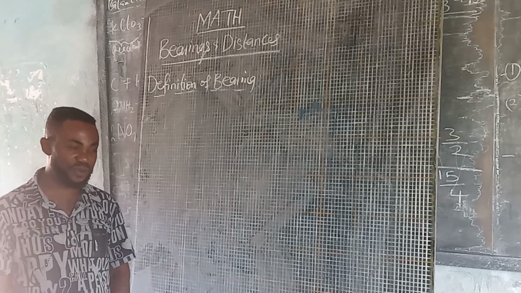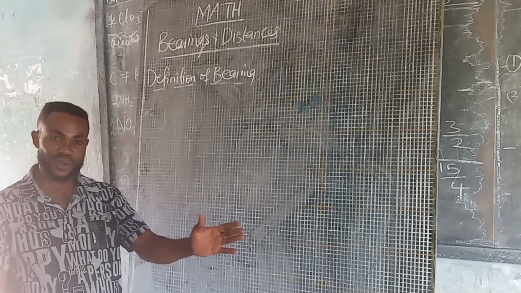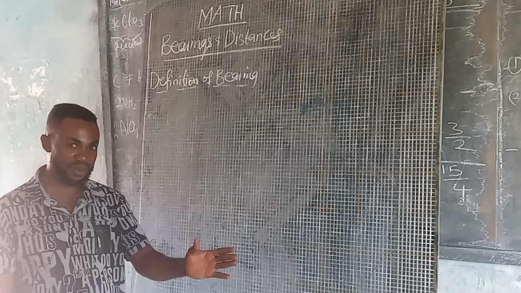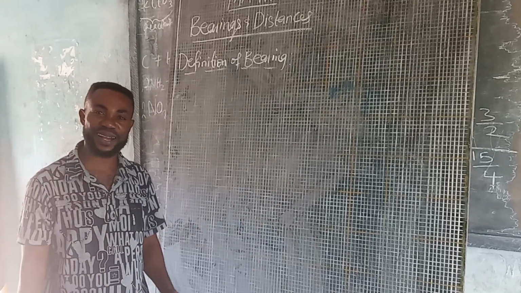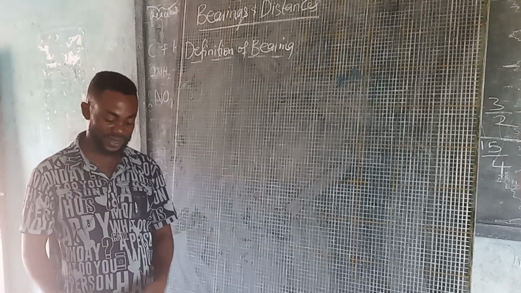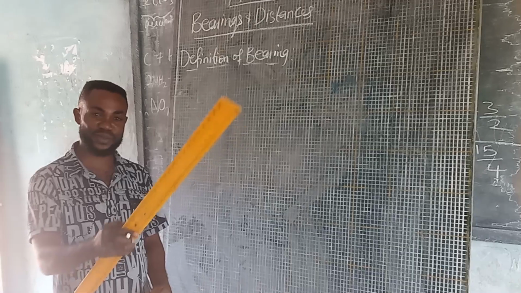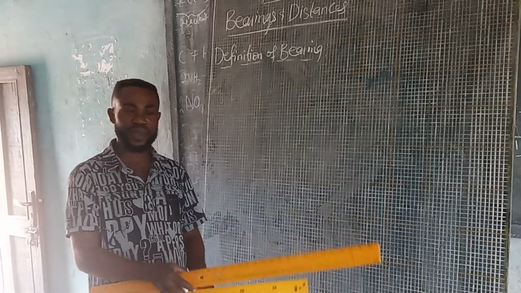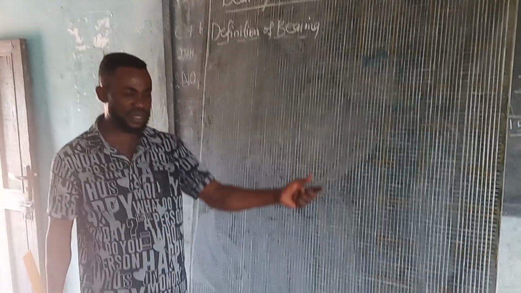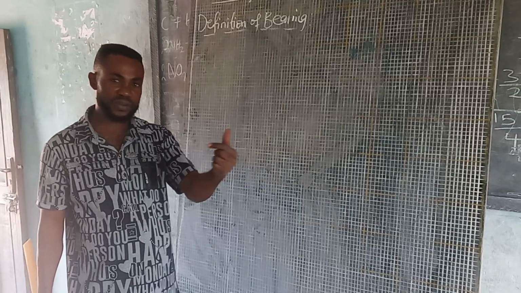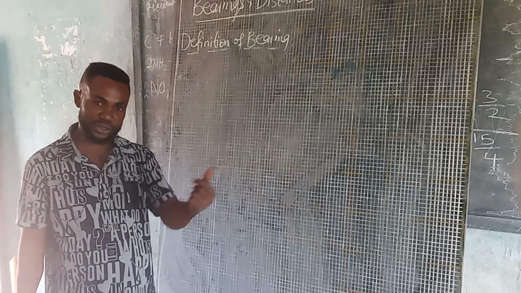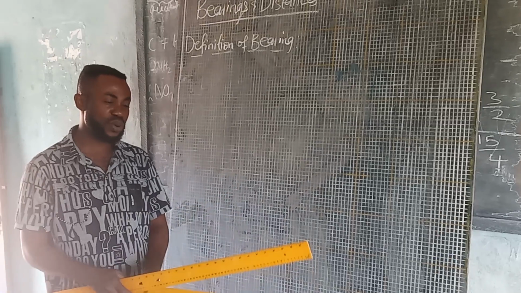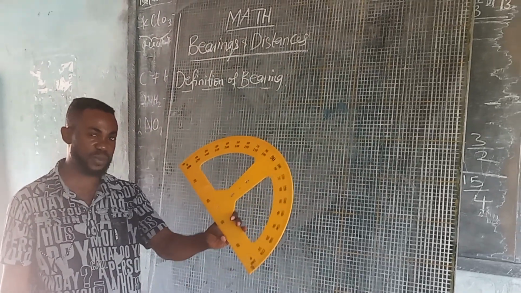When a body is moving in a straight line, we refer to that as linear movement or linear motion. And the distance the body covers can be measured simply with your ruler, your meter ruler, or a tape. But when a body is moving in a circular or curved direction, then the amount of turn or rotation can be measured with this instrument called the protractor.